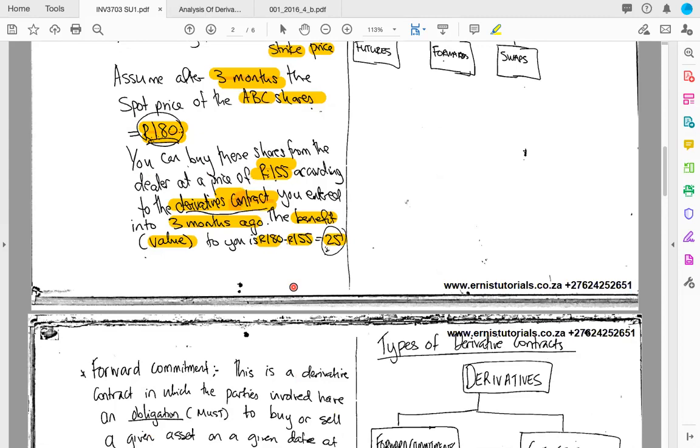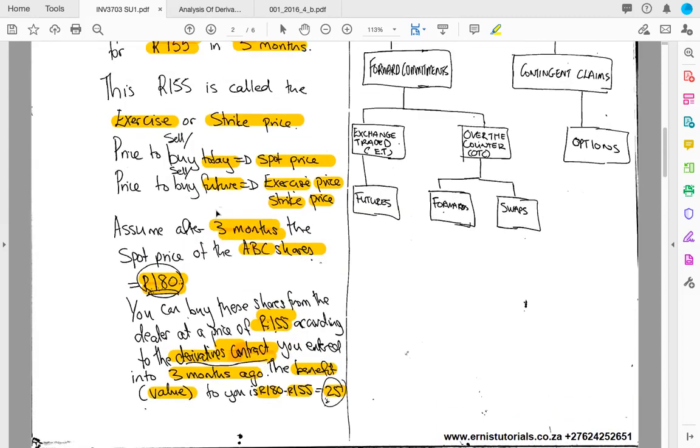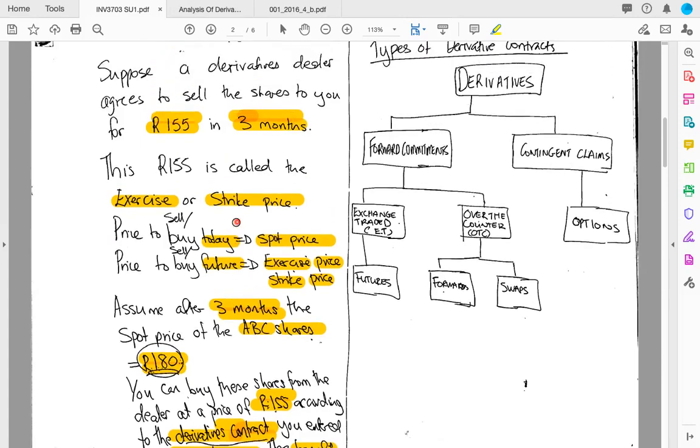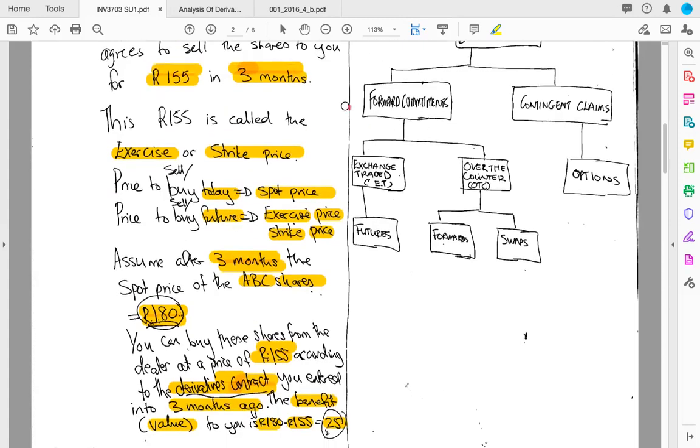I hope it's clear, but it's a bit technical and abstract and it can be difficult to understand. But the key idea when you're looking at derivatives is that we have the spot market, and we have the derivatives market. These are two different markets, right?